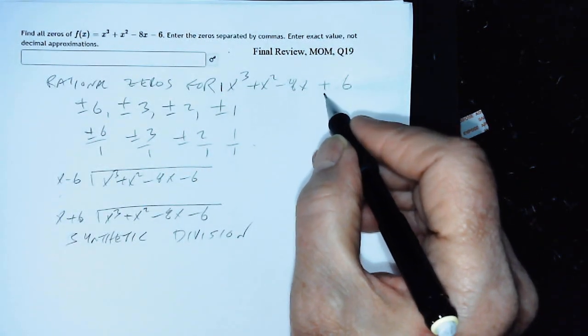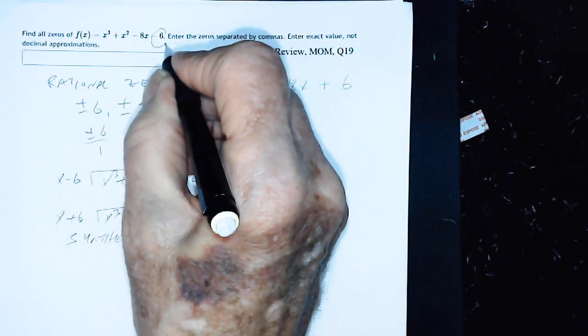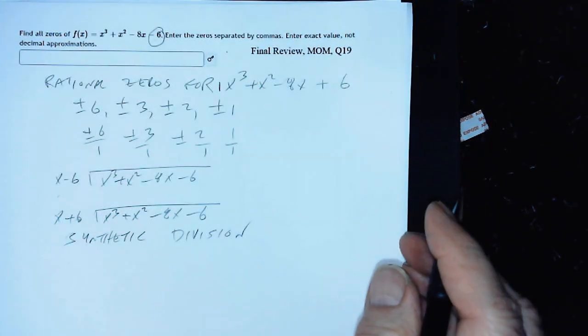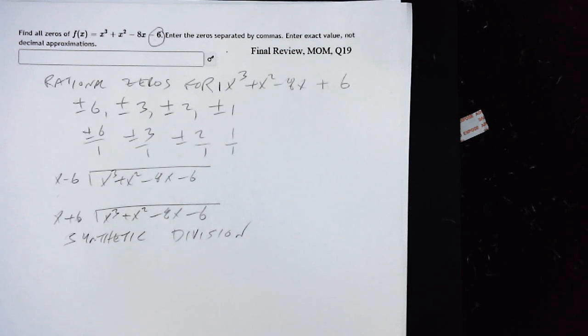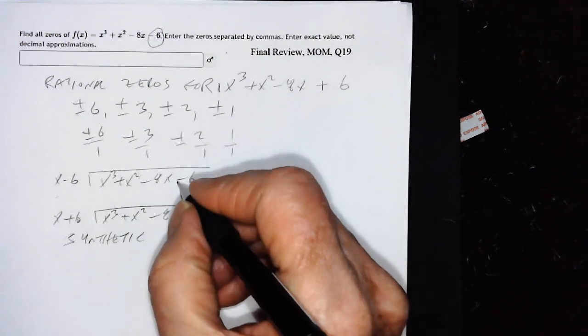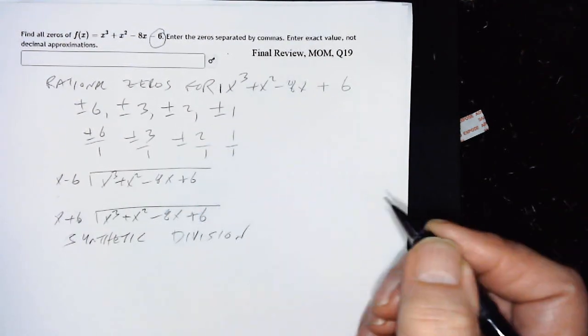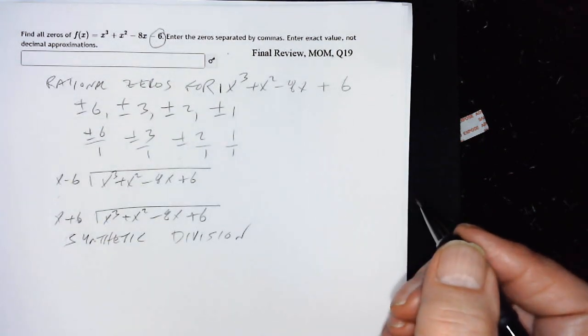I found I had to change that to a positive 6. Now, having done that, we're going to use synthetic division. We're going to change this all the time to a plus 6.